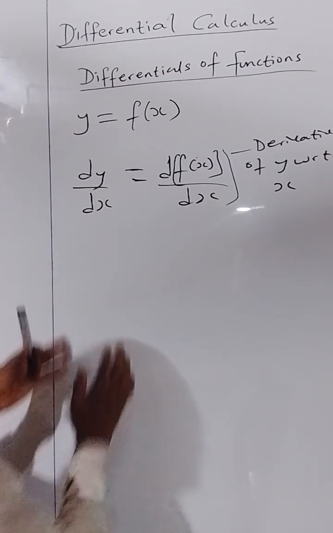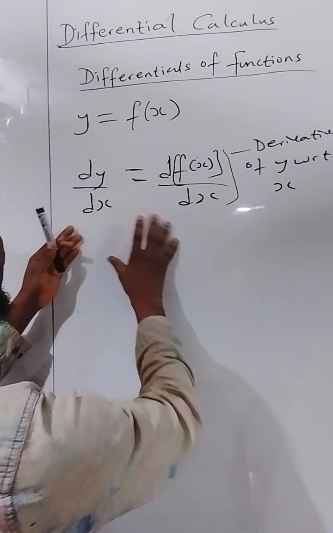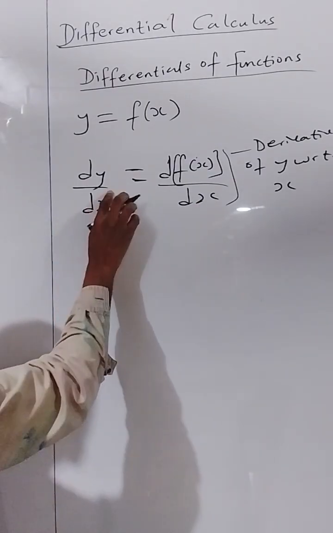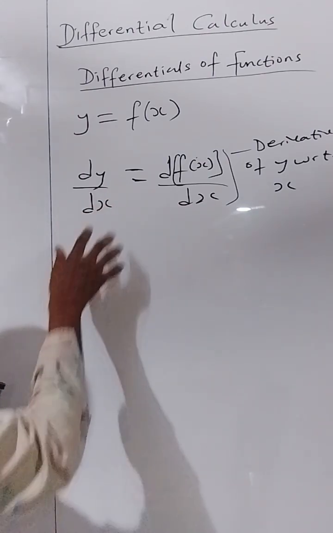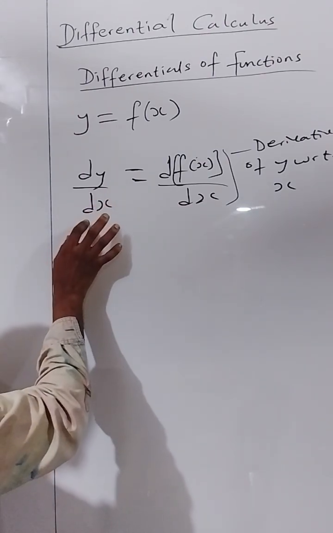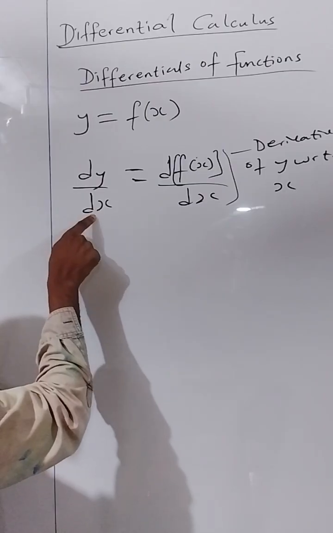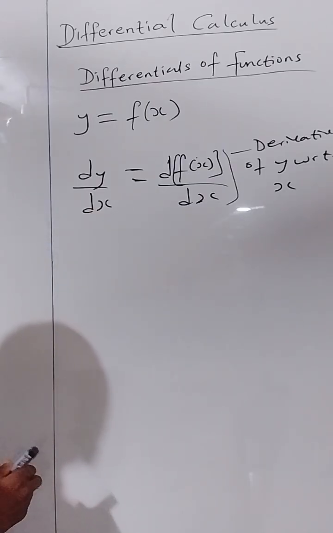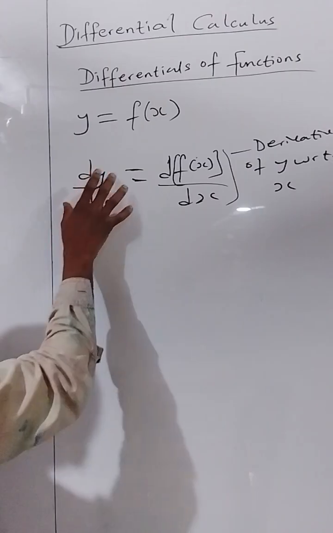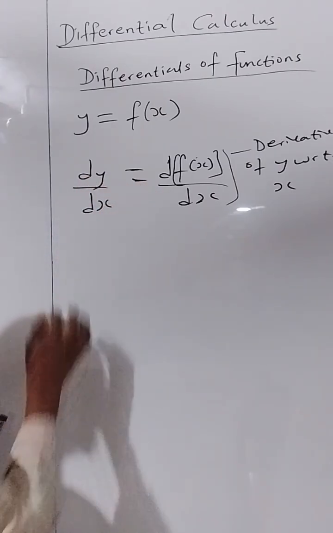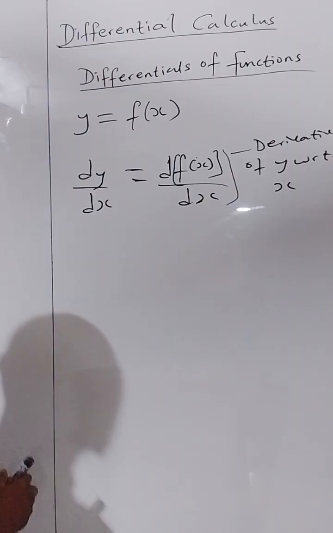What we need to do is just manipulate this derivative rule. If I want to find the total effect of the total change in x, what I need to do is cross multiply, making dy the subject of the formula.